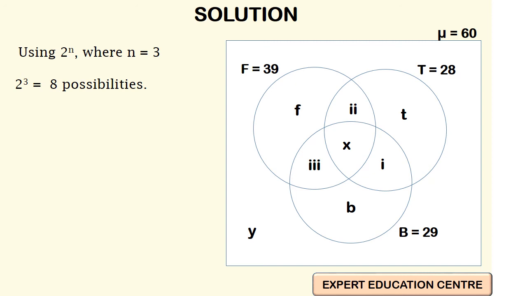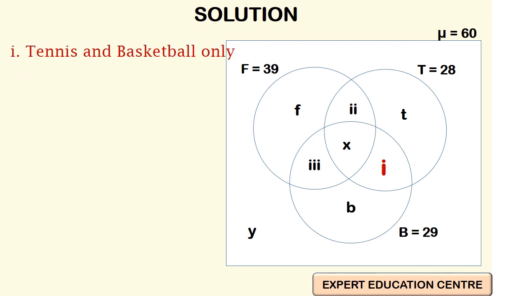These subsets are tennis and basketball only, represented by I. Tennis and football only, II. Basketball and football only, III.